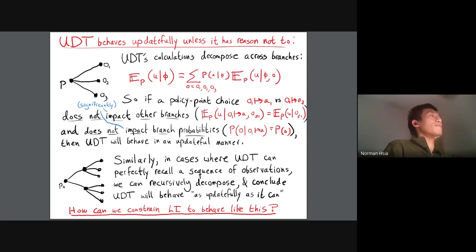But that gives you a good way to formalize the bottom half of the slide you're currently showing.